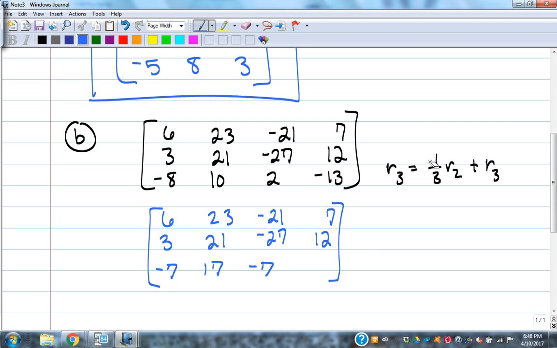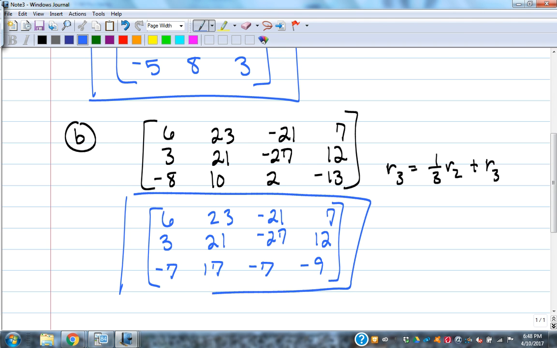Good. 1/3 times 12 plus negative 13. Negative 9. You've performed that row operation.